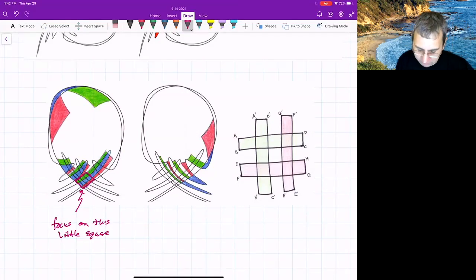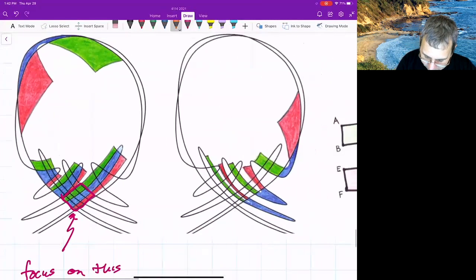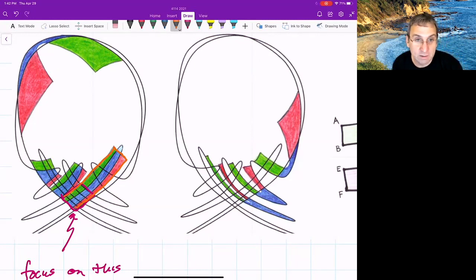Now we've colored the lobe so that at least a portion of this lobe is blue, but we've got this entire rectangle. The part that's in a lobe is colored blue, and the parts on either side are colored red and green.